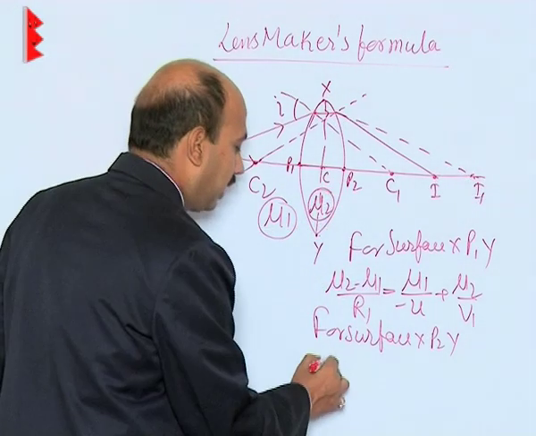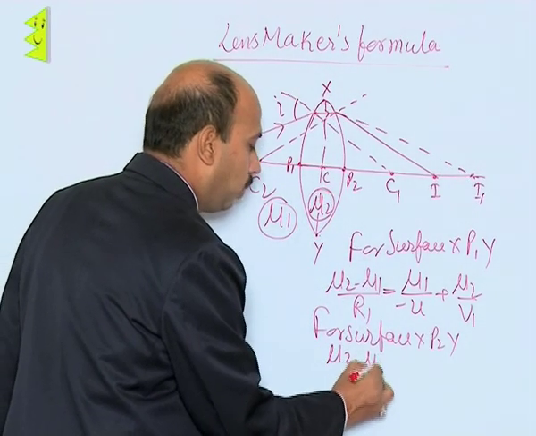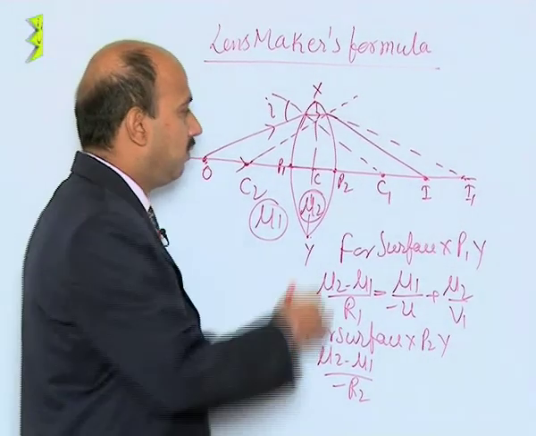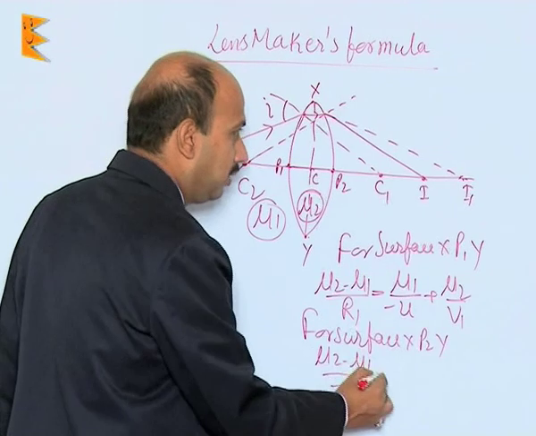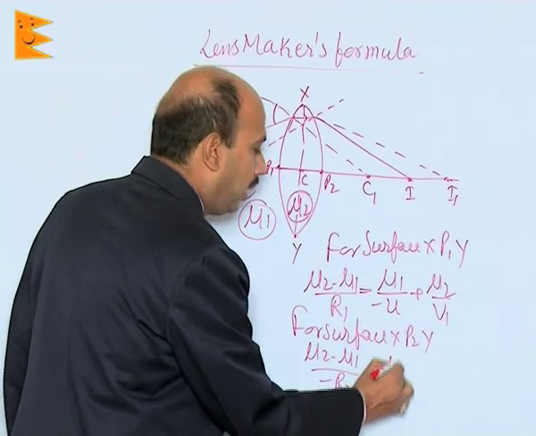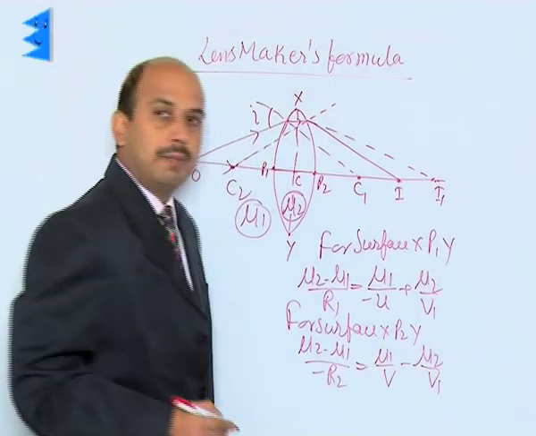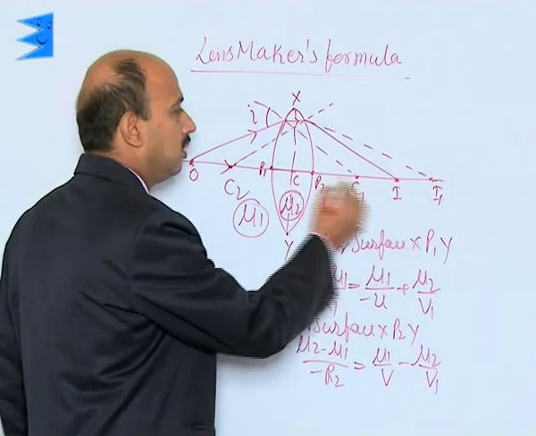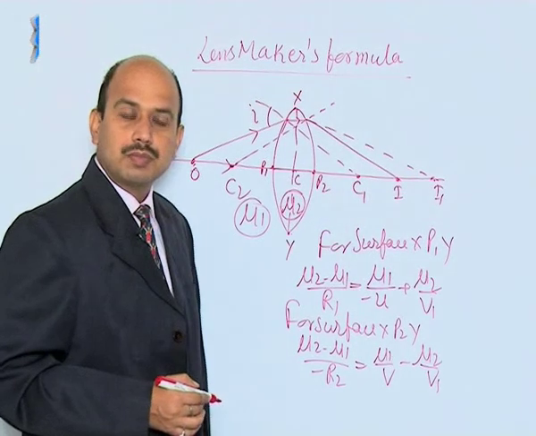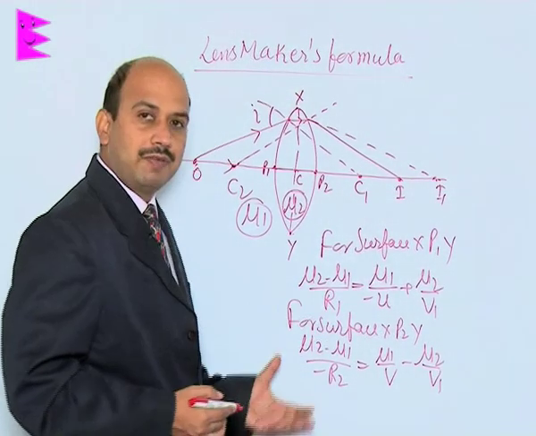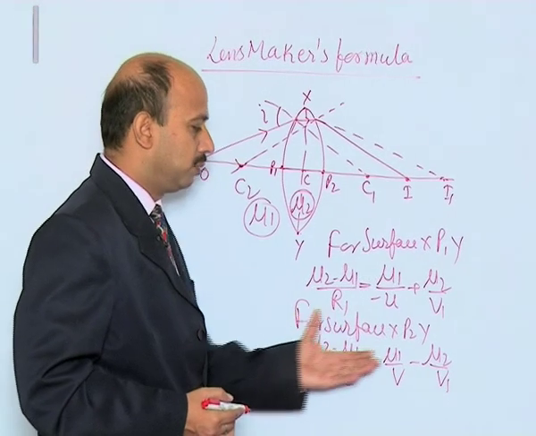So, we can write in that case mu2 minus mu1 upon minus R2, where R2 is the radius of curvature for the surface xP2y, is equal to mu1 upon v minus mu2 upon v1, because the object for the second surface is this one, I1. So, we have written the formula for these two surfaces xP1y and xP2y.